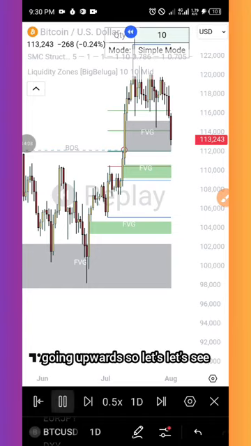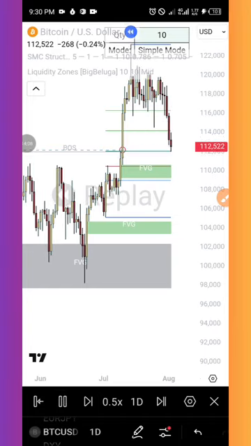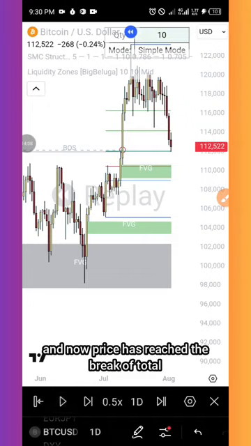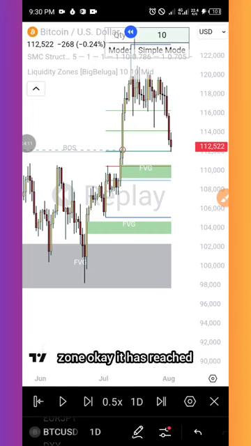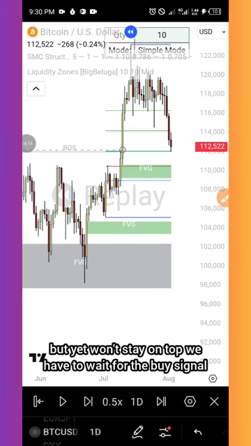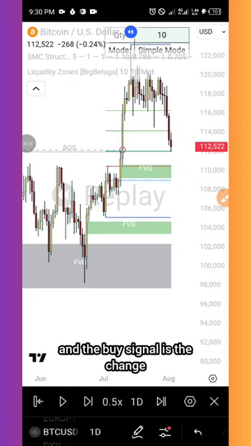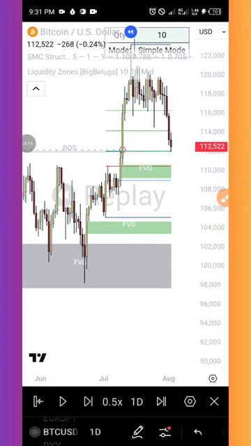So let's see. Now price has reached the break of structure zone. Okay, it has reached, but we still won't enter. We have to wait for a buy signal, and the buy signal is a change of candle.